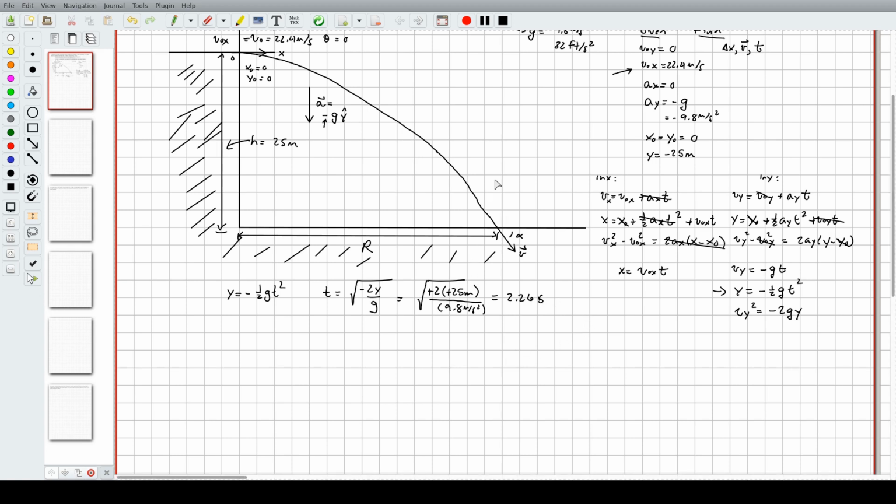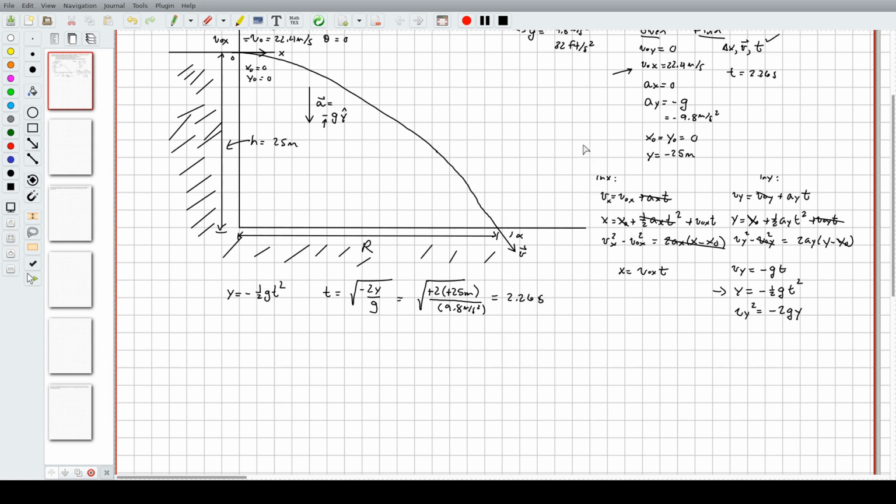If you think about this, you're 25 meters above the ground. As you fall, well, that's about right. Okay, so here's time. Let's just check that off our list and write it down over here: 2.26 seconds.